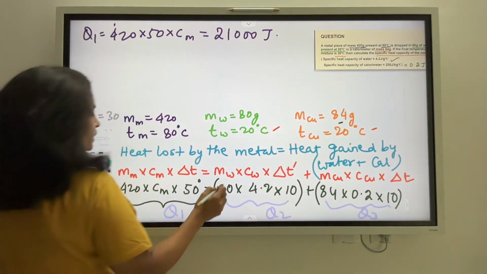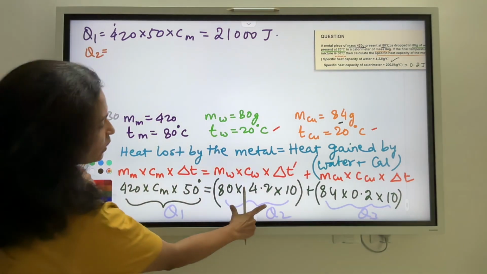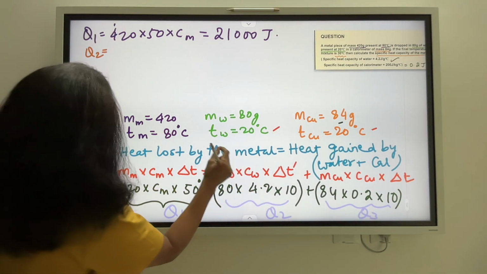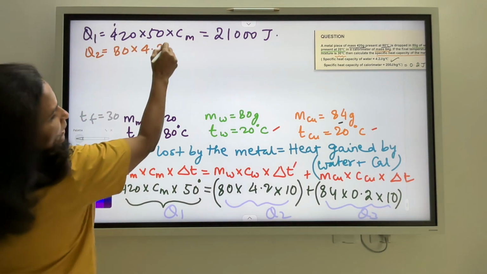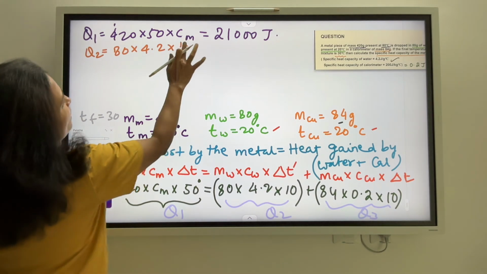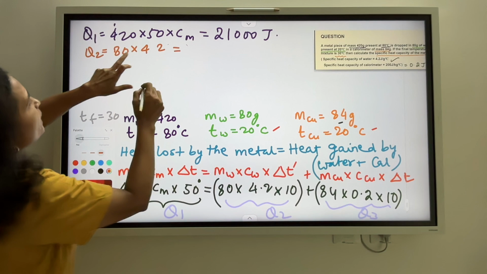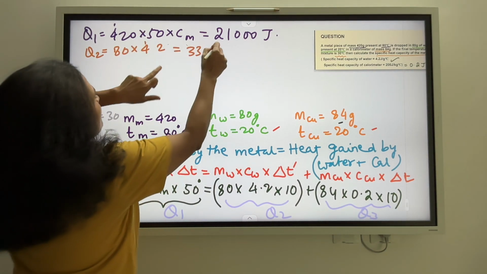All right. How much is Q2 going to be? That means I am talking about the heat exchange for the water. So 80 into 4.2 into 10. If we multiply by 10, 4.2 becomes 42. Let's multiply: 8 2s are 16, 6 1; 8 4s are 32, 33 and a 0.